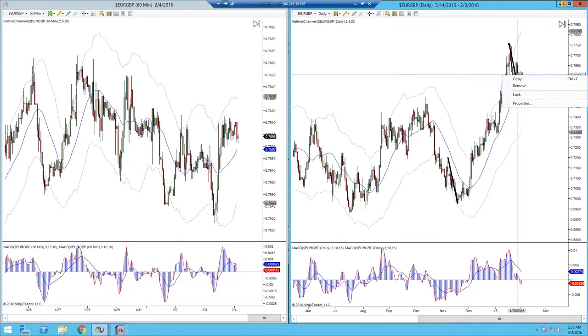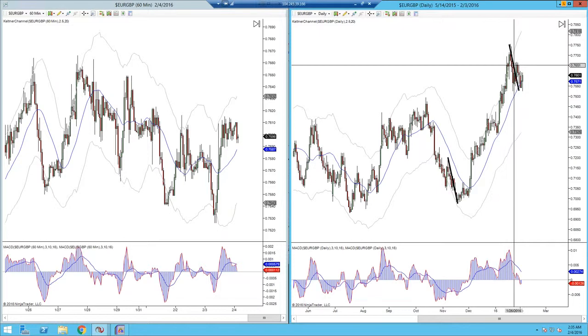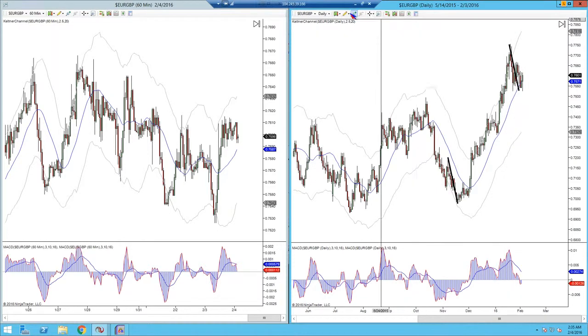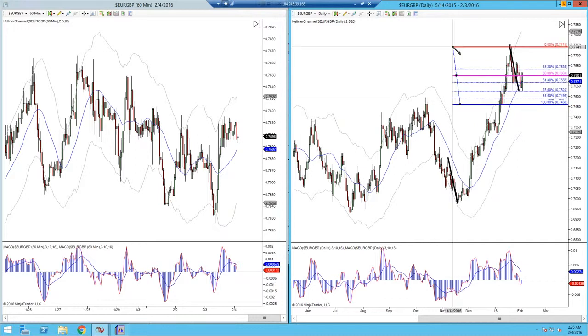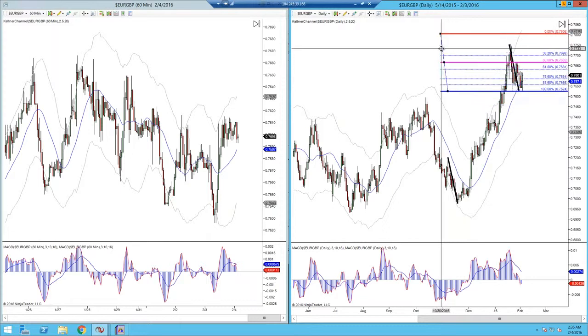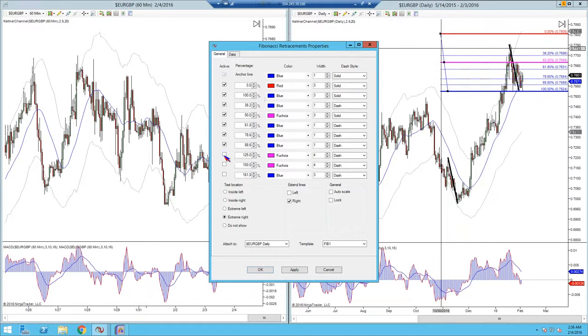Now, I do this also, and sometimes I'll add some Fibonacci to it. So let me show you a few things. Here's how I like to have my Fibonacci look. I could do this also: 113, 127.2, and a 1618.